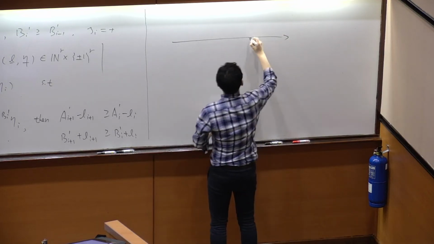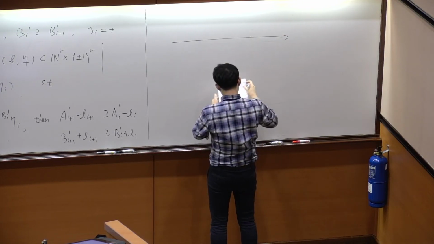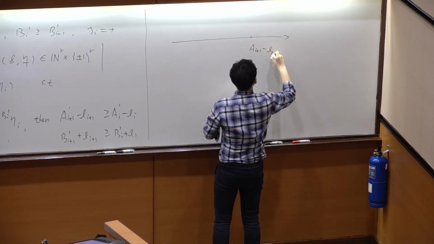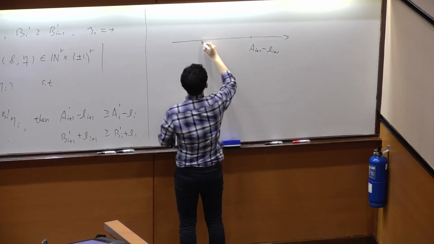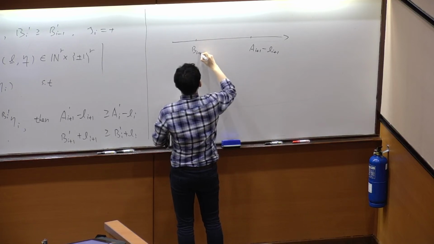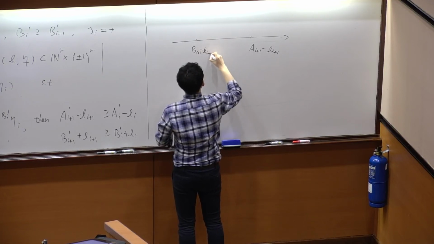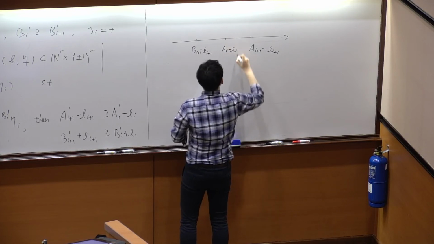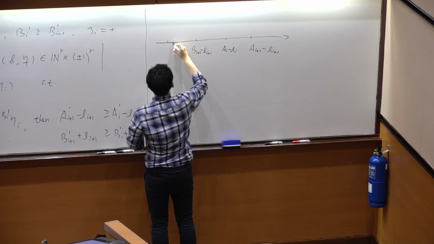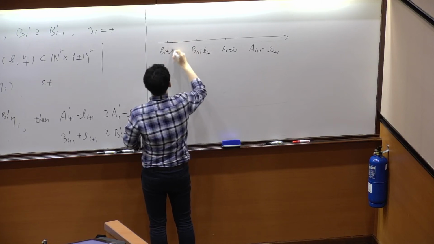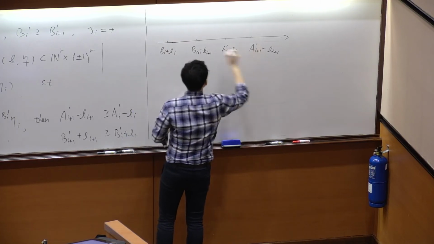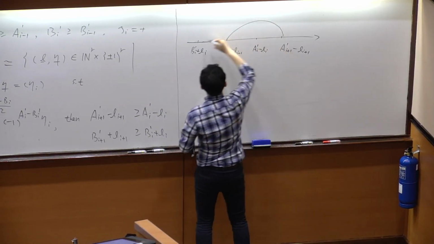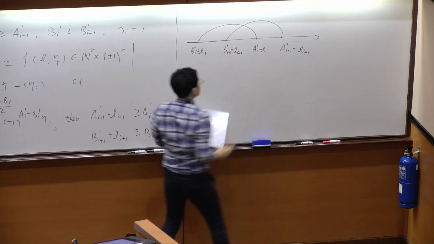So here, just for example, suppose we have these two intervals. And you can see in this picture that they do intersect with each other.